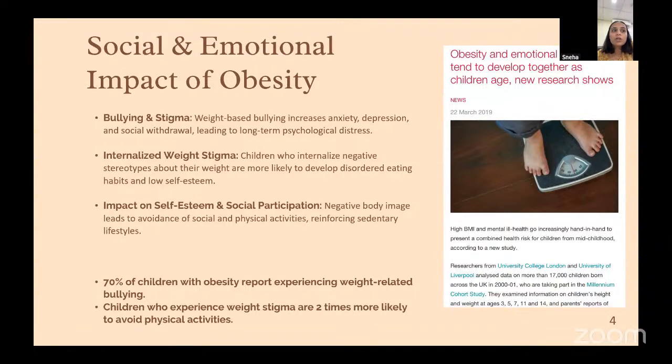Around 70% of the children have reported that they have experienced bullying. Also, because they avoid physical activities and social participation, it can lead to difficulty in losing weight.